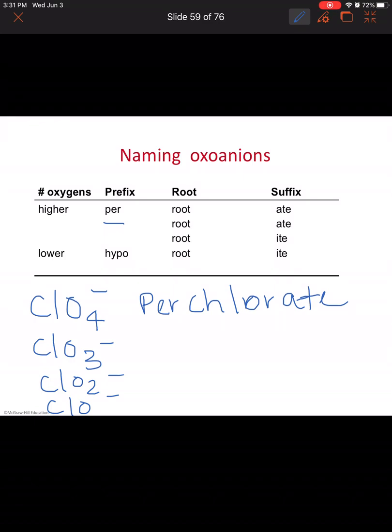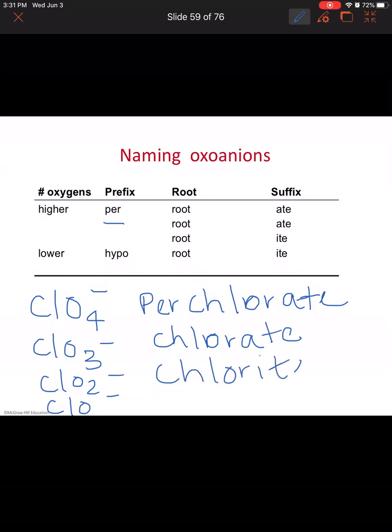The next one, you don't put any prefix, you just put the root name chlor, and write chlorate. The next one with fewer oxygens, ClO2, is named chlorite. For the lowest number of oxygens, you put the prefix hypo: hypochlorite.